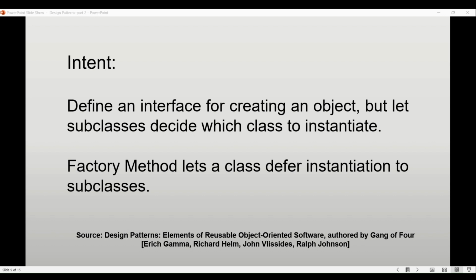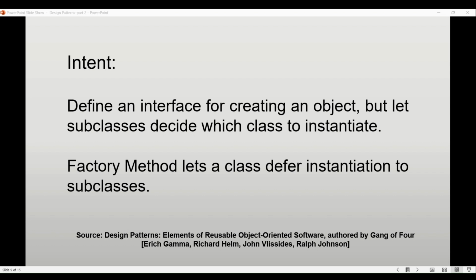So imagine you are in some kind of a bakery that produces different types of cakes. You want to create a system that can produce various cakes based on the customer request. In this case, you have a cake factory class with a method called create cake.